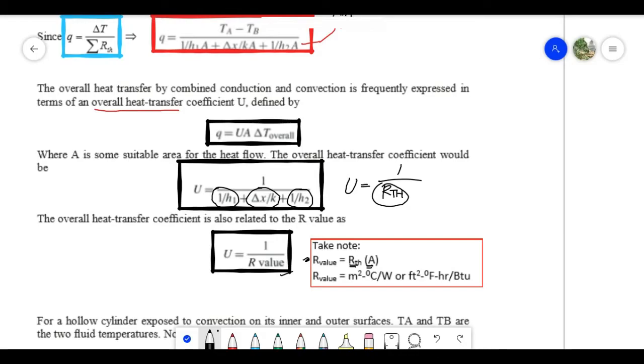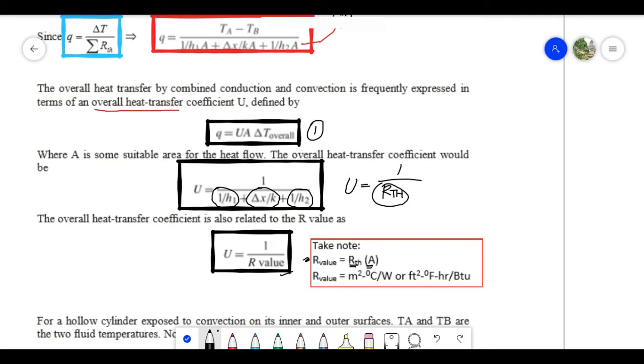So, if we will derive kung paano nakuha itong equation natin, take note pala itong equation na denote natin as 1. Madalas natin makikita to sa heat exchanger analysis. So, i-memorize na po natin yan.